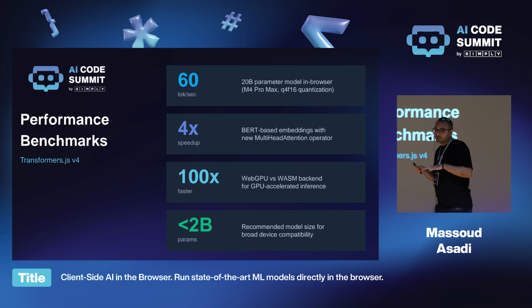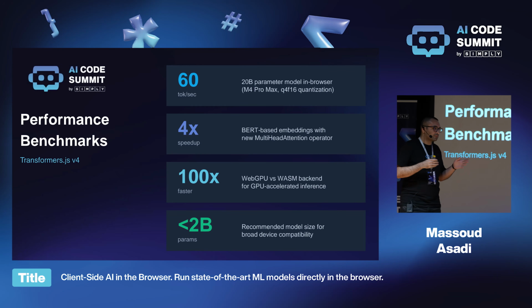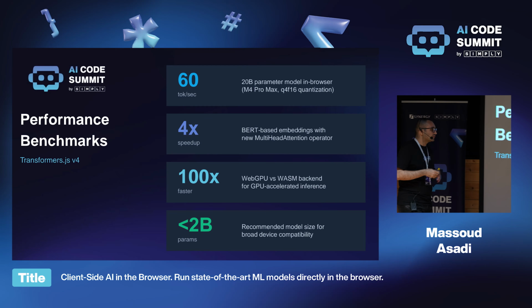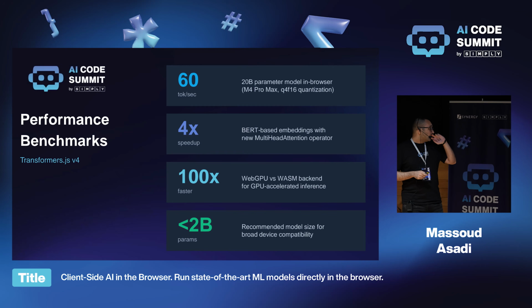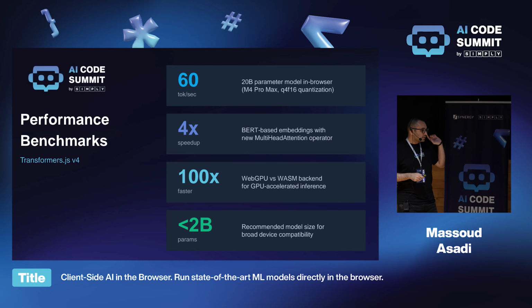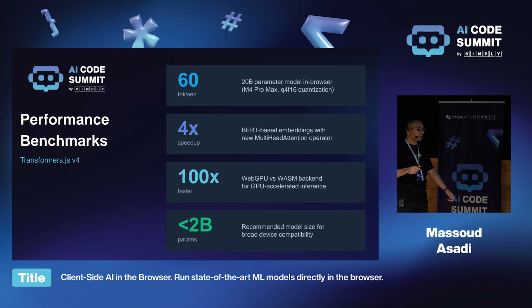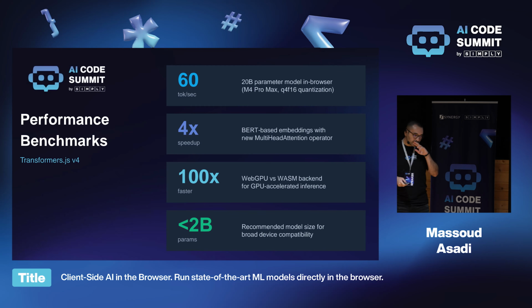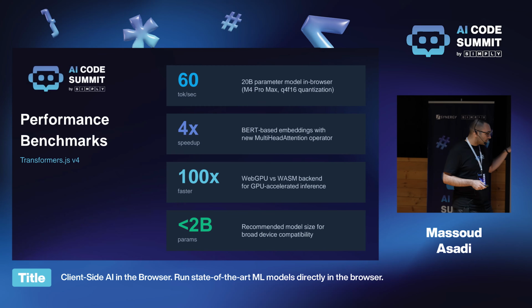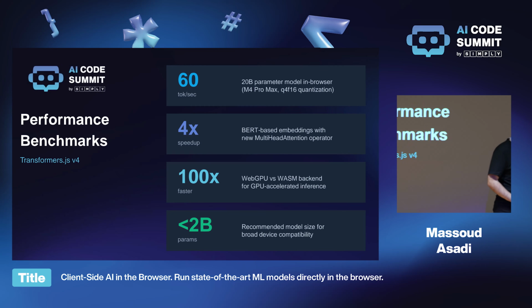But on laptops without GPUs, there is no noticeable difference between WebAssembly and WebGPU. The Transformers.js community recommended this library and runtime for models below 2 billion parameters, but in my experience, I would halve it, and I think it's suited for models with 1 billion parameters or less.